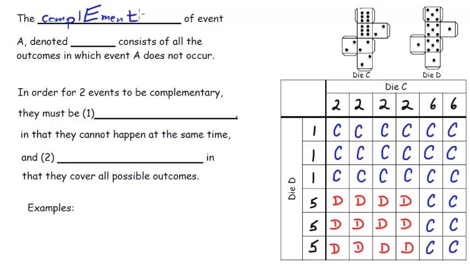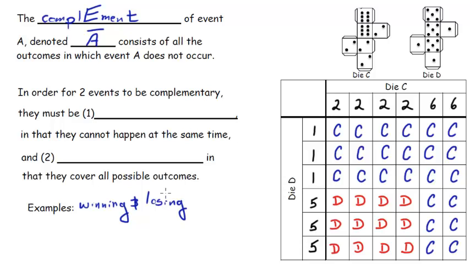Right, so the complement, with an E here, not an I, is denoted with a bar. So the complement of A, A bar, consists of all the outcomes in which A does not occur. So this was like, for example, the complement of winning would be losing. These two events are complementary.